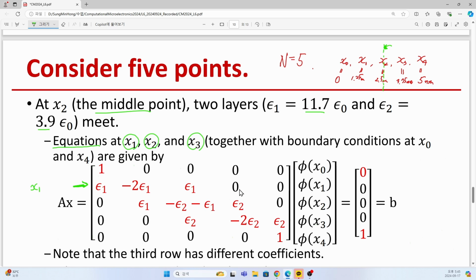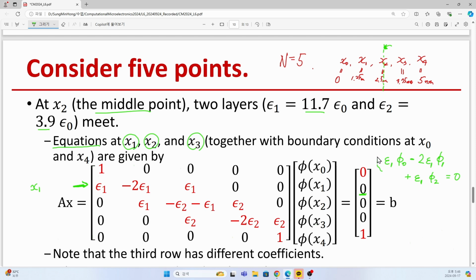That is simply, let me just write down here, epsilon 1 times phi 0 minus 2 times epsilon 1 times phi 1 plus epsilon 1 times phi 2, that is corresponding to number 0. It is just the second row of our left hand side term.